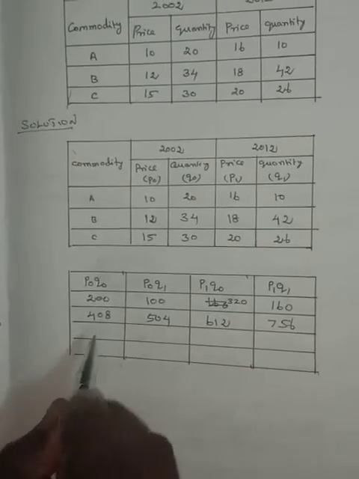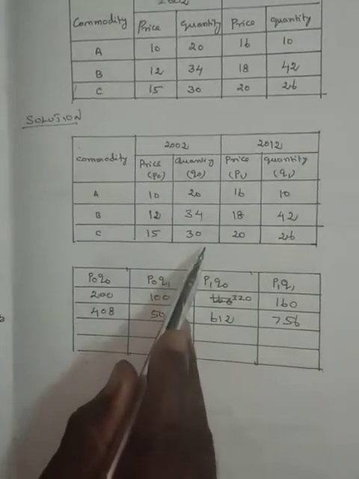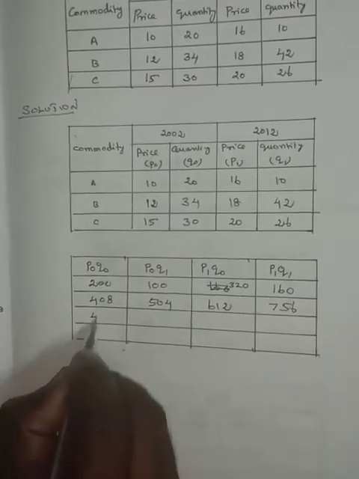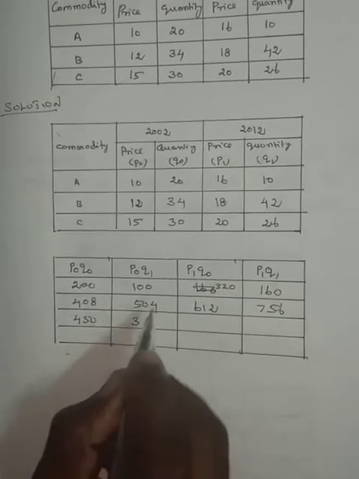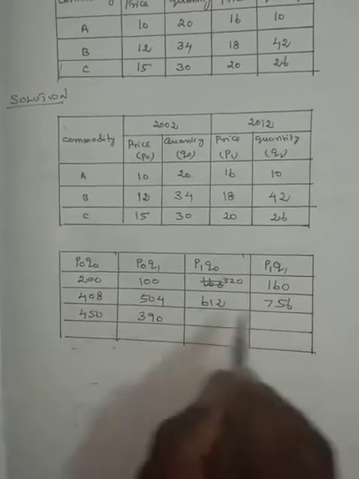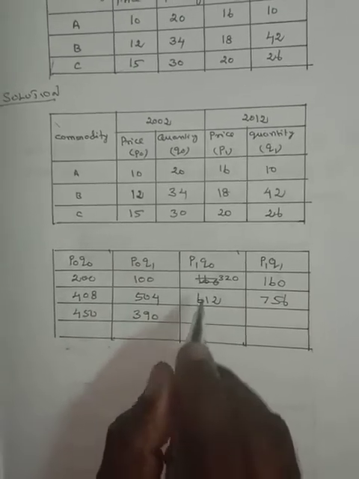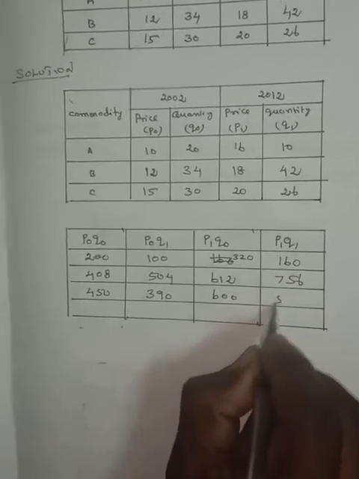Commodity C, P0 Q1, 15 into 30, 450. Next 390. P1 Q0 is 600. Next 520.